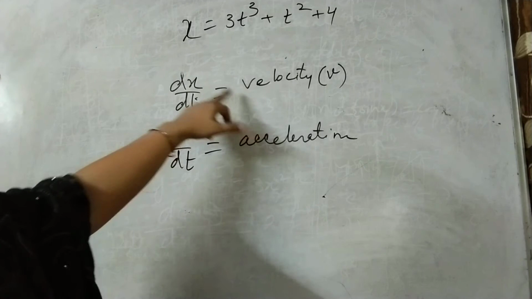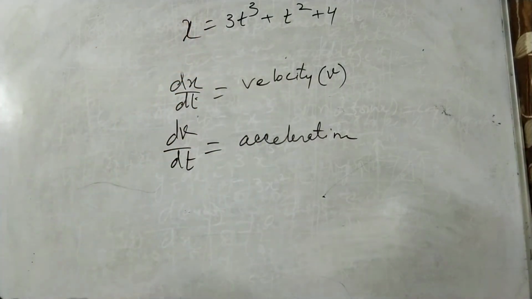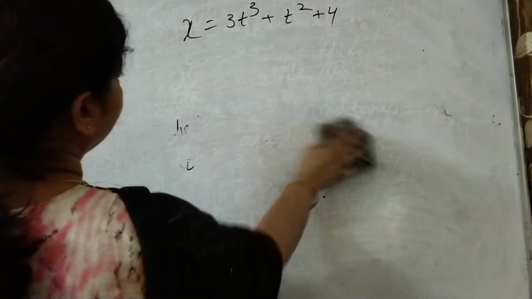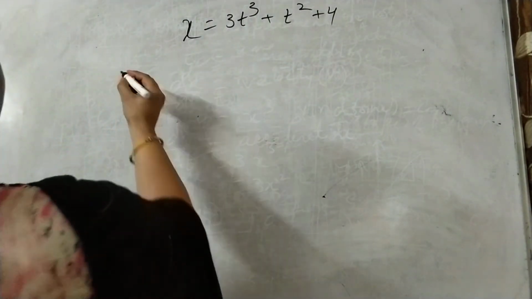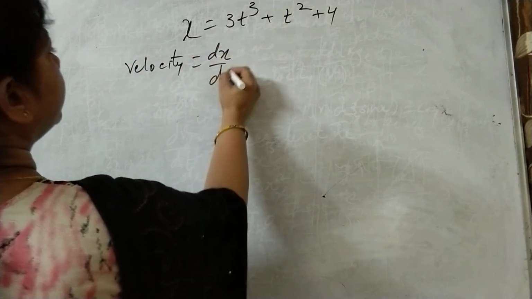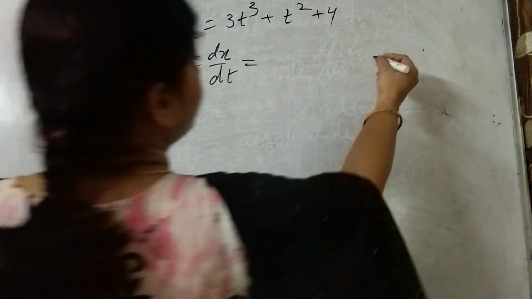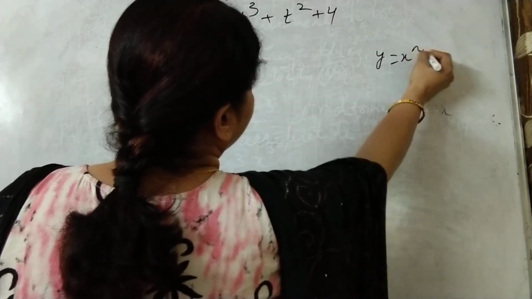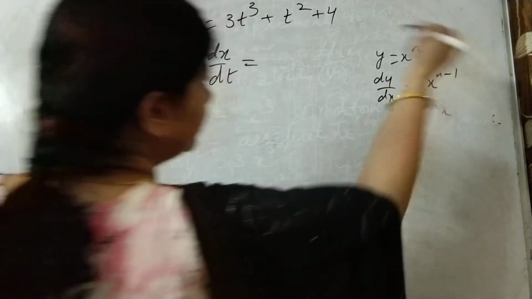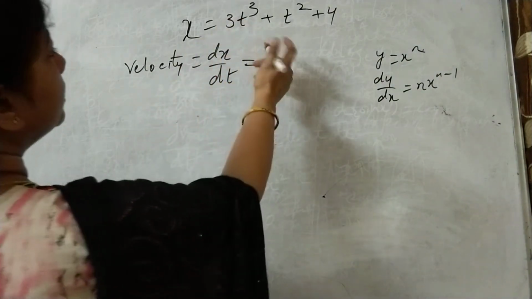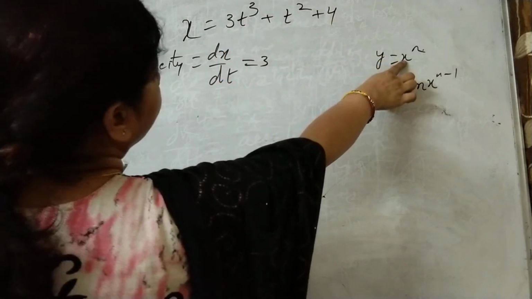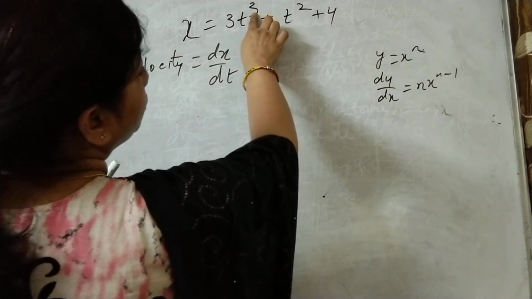Very simple. Velocity is dx by dt. So let us differentiate this equation. We are finding out velocity. Velocity is what? dx by dt. And for dx by dt, again we are using the same formula. What was the formula? If y is equal to x to the power n, then dy by dx is equal to n x to the power n minus 1. We will use that formula. So here 3 is a constant, we'll write it as it is, we will not do anything. So t cube, instead of x we have t, and n is 3.